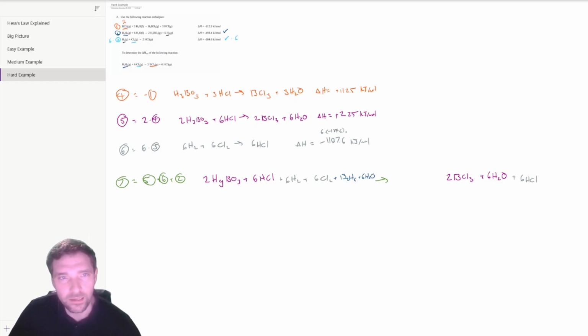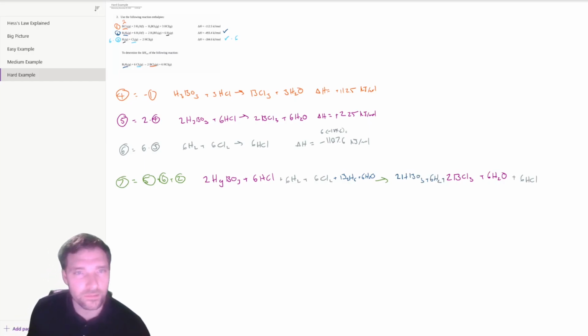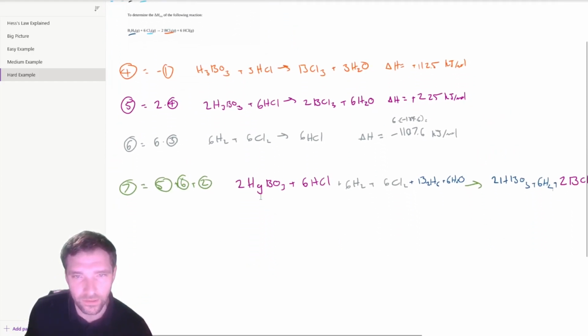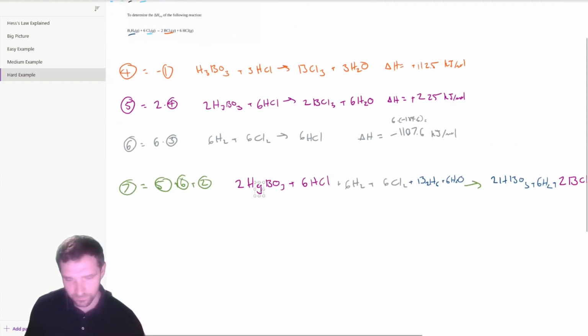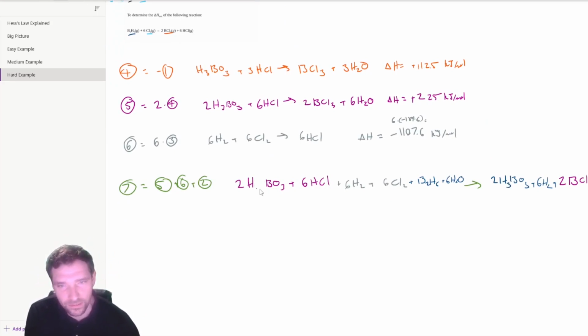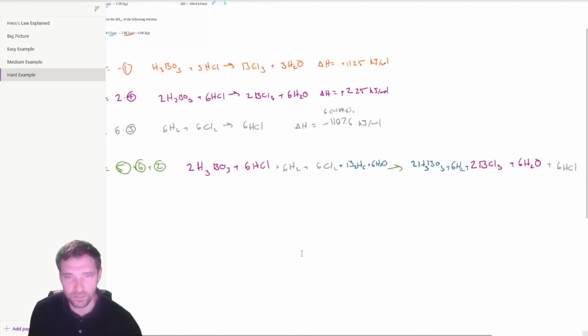And then on the product side, we're going to have the 2 H-something BO3s plus 6 H2s. What was that? H3? Oh yeah, it's an H3, not an Hg. Okay. Got H3BO3 and H3BO3. It looks like 2 moles of that on both sides. So all of those look like they have been combined correctly.